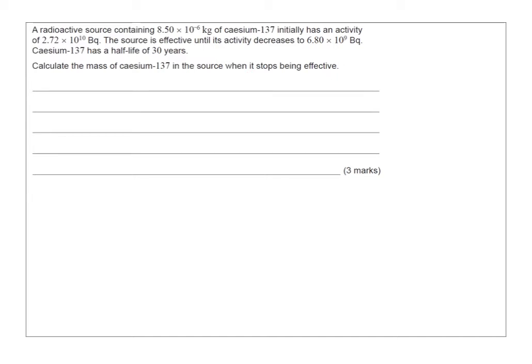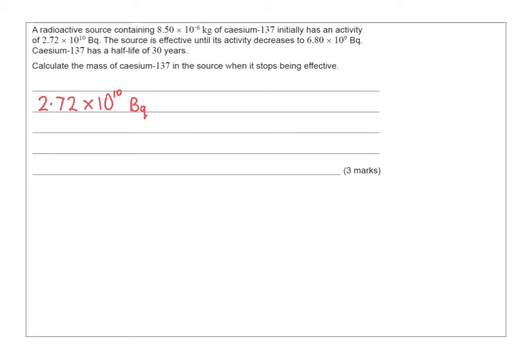So I like this question because it has the activity, it has the amount, and it has some simple half-life calculations in it. So this is the process I would usually use for these. You could go back to that mathematical formula, but I think that's probably unnecessary unless you want to show off your mathematical genius. So the initial activity was 2.72 times 10 to the 10 becquerels.